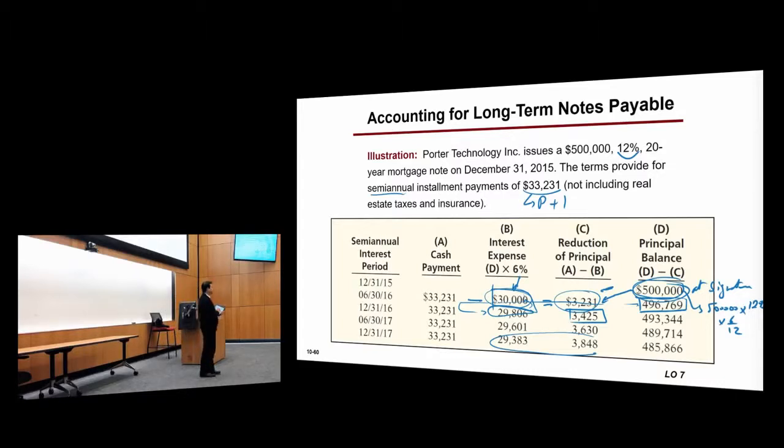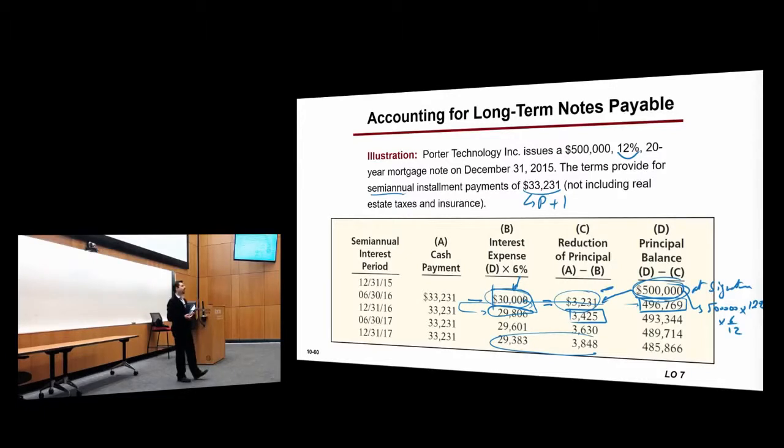Sorry, I said carrying balance in the principal. And then when we subtract interest expense from the semi-annual payment, that will give us the reduction in principal. We subtract the reduction in principal from the balance in principal, that will give us a new balance in principal.